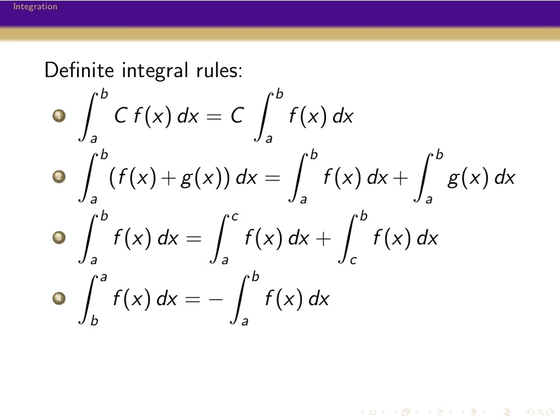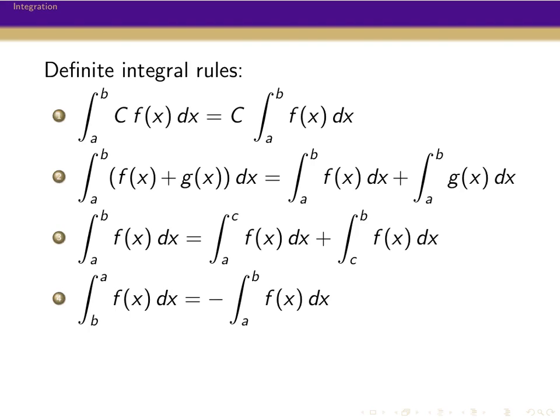Last but not least, this one is a little bit different, and it gets to the notion that the area an integral gives is not just a pure area, it's actually what we call a signed area. There's positive area and negative area involved.